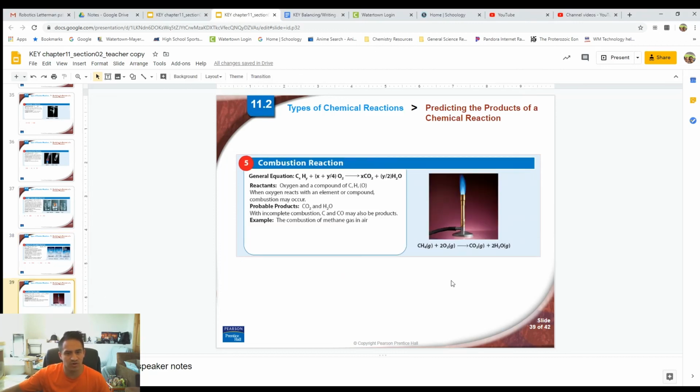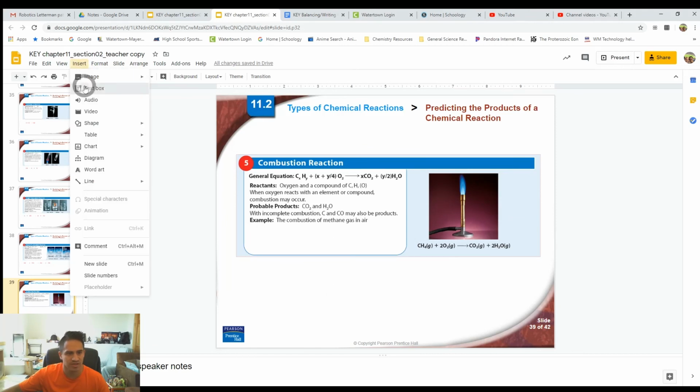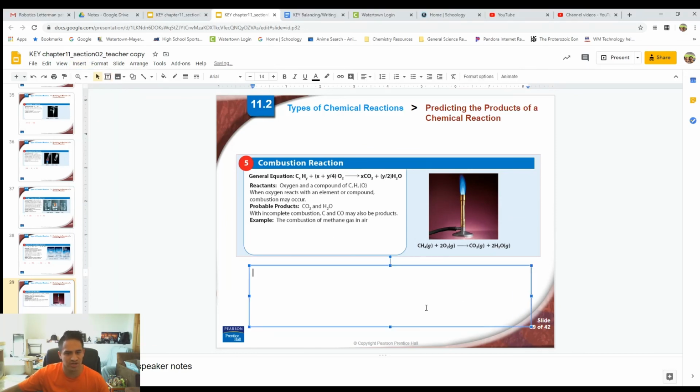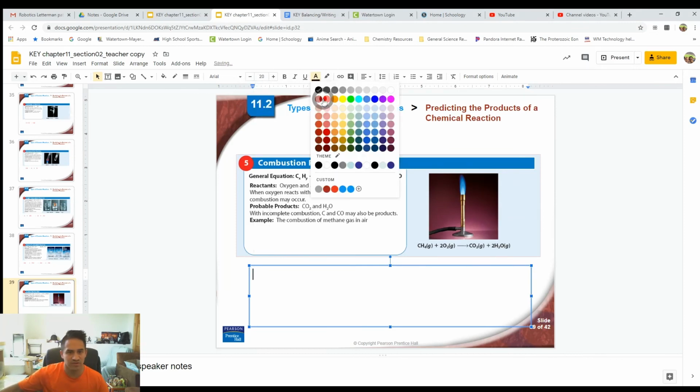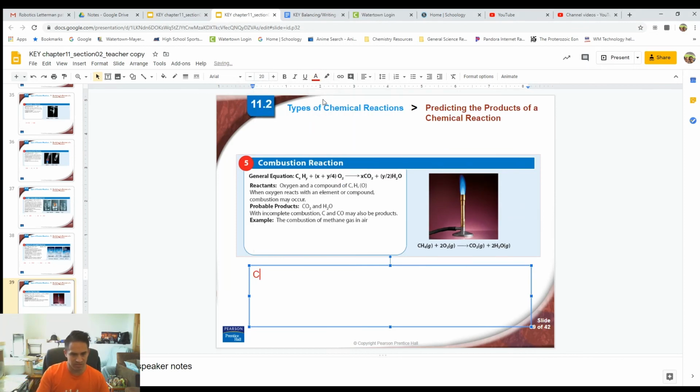And then as for combustion, this looks really complicated, but basically for combustion reactions, you're usually going to have something that looks like this, where you have some CxHy compound, so some hydrocarbon, and there may be oxygen in there. So in parentheses, we can put like O with a z, right?